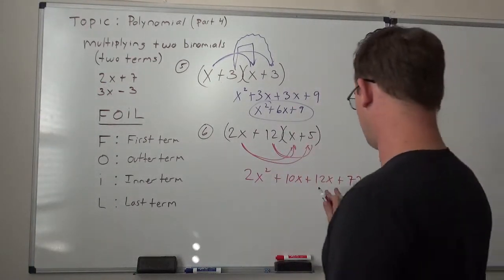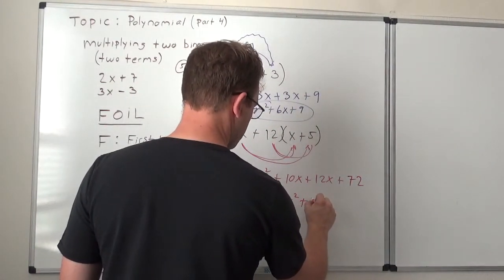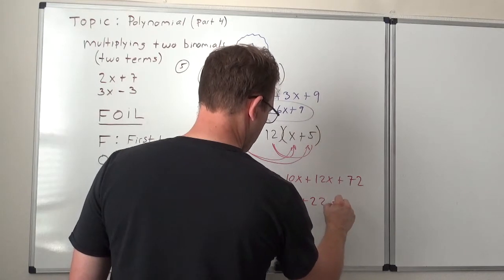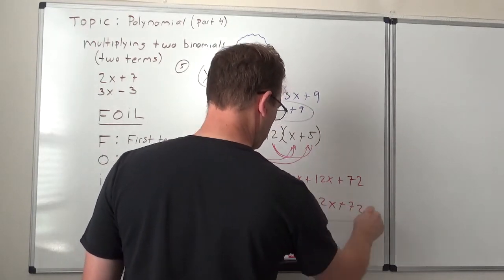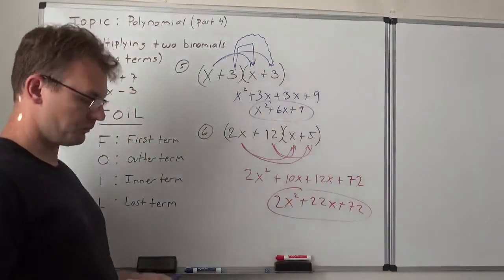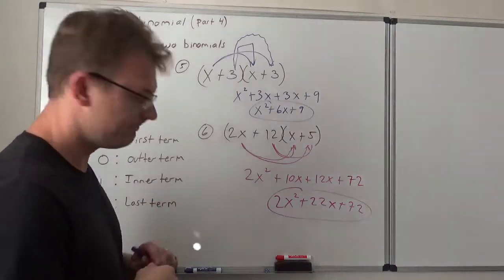Just make sure. So that's 2x squared plus 22x plus 72. Okay. So let's make it harder.